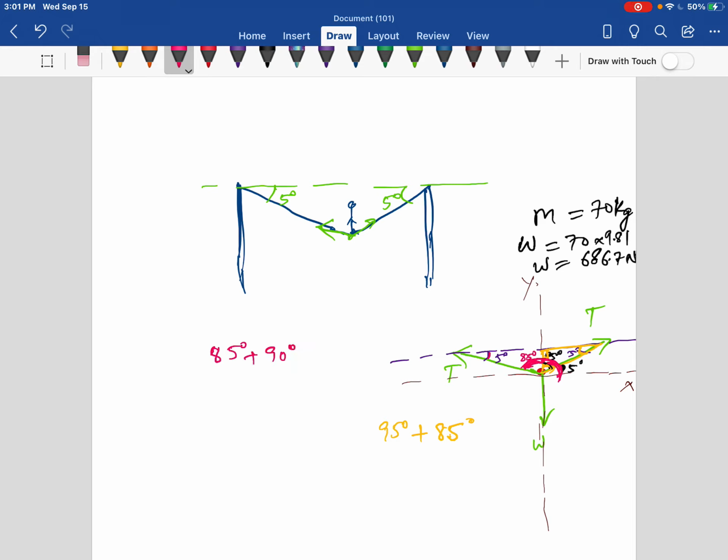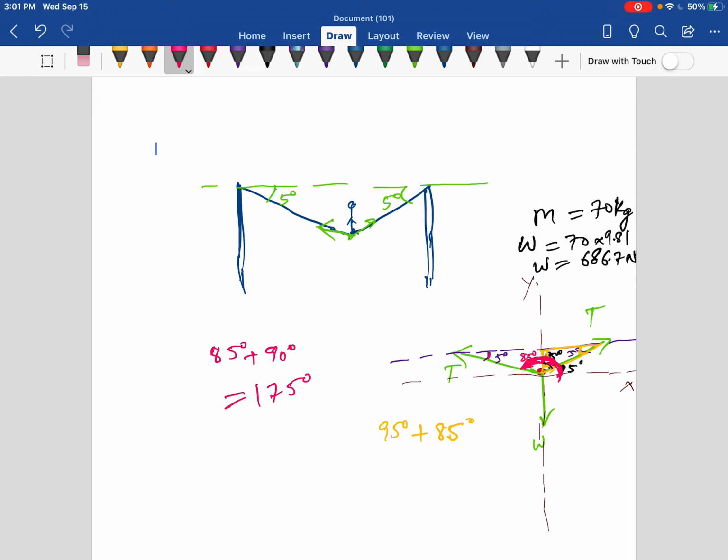So we have to do 85 degrees plus 90 degrees. That is the correct angle, this big one right here. So this is 175 degrees.